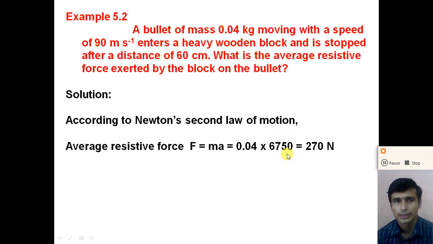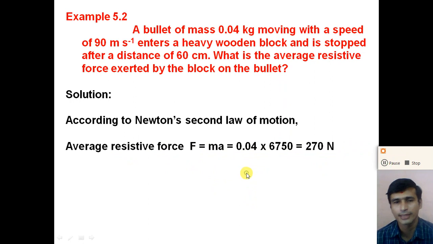So the force applied on the block by the bullet is minus 270 Newton. But here we need to calculate the average resistive force exerted by the block on the bullet, so we take plus. So average resistive force F is equal to m into a, 0.04 into 6750, we get 270 Newton, right? Understand here, student?